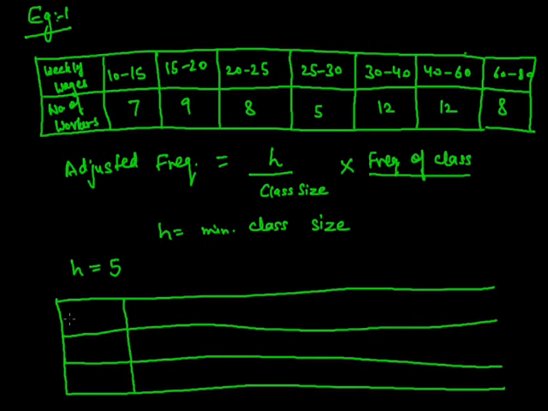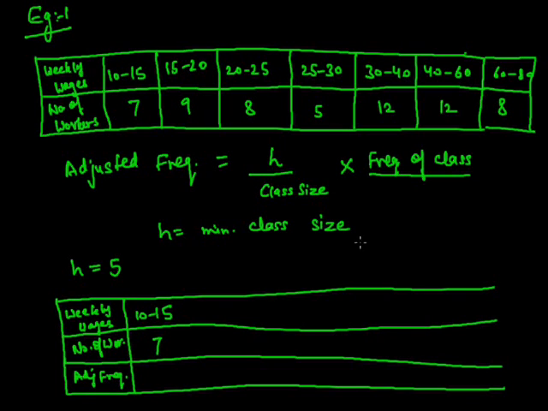First it is weekly wages, second we have the number of workers, and third we'll take the adjusted frequency, because we need to find the adjusted frequency in each case. So as weekly wages is 10 to 15, the number of workers is 7. Accordingly we have to find the adjusted frequency for this particular class.